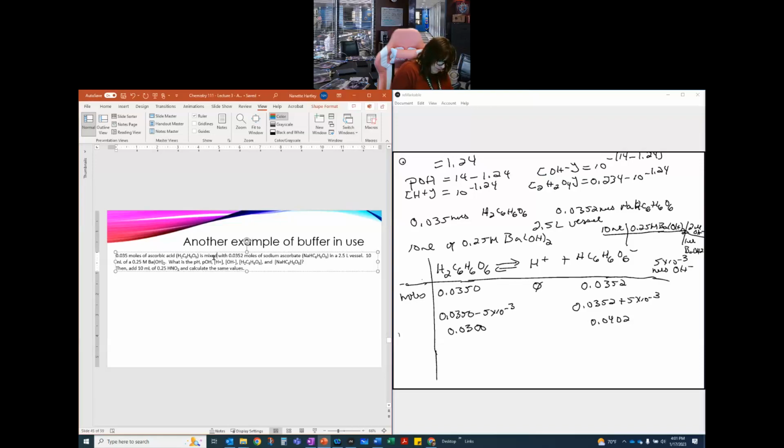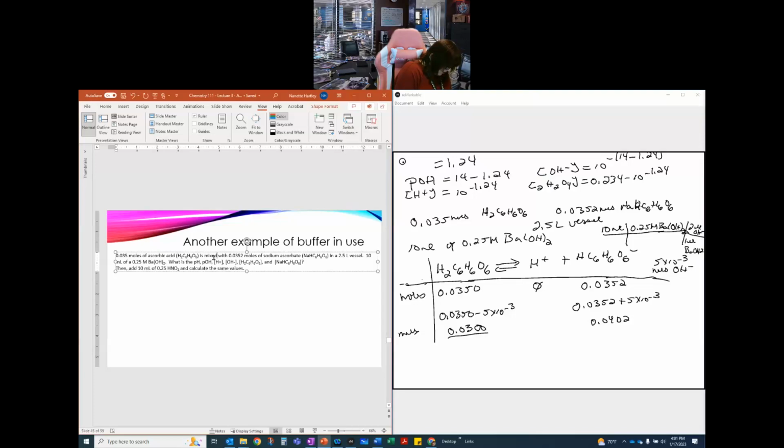Now, we can then divide that by the 2.5 liter vessel that we were in. Okay, it was diluted to a 2.5 liter, and then we added 10 mils to it.